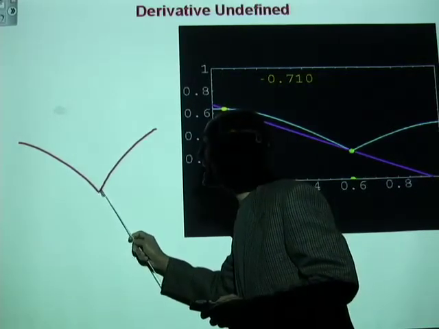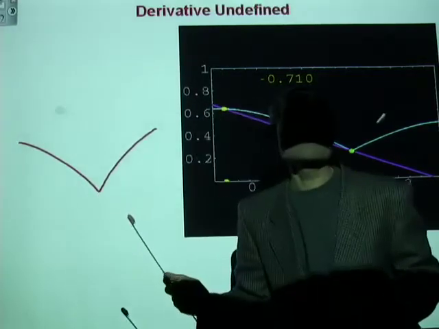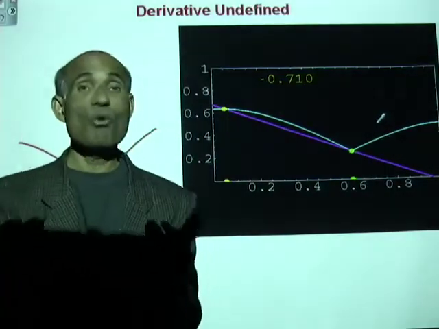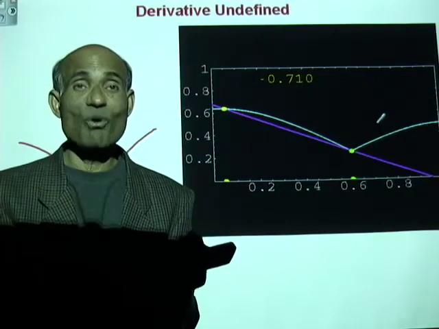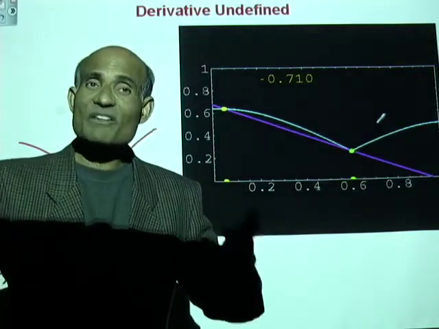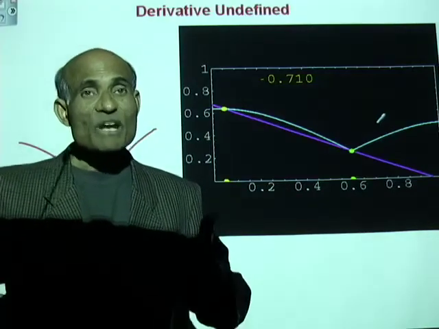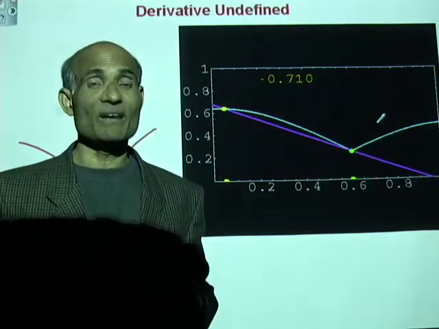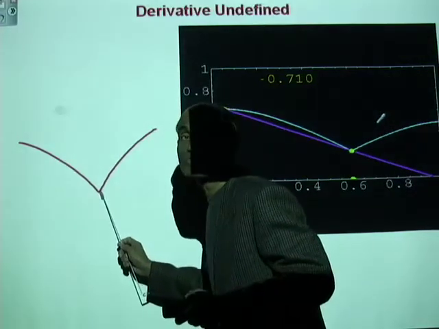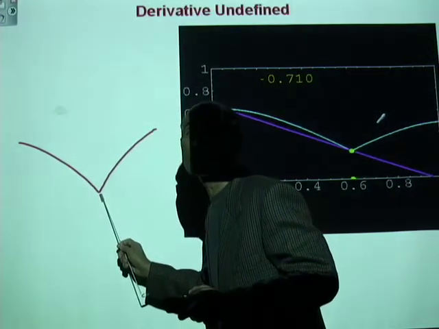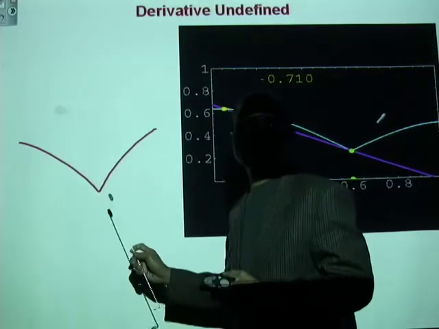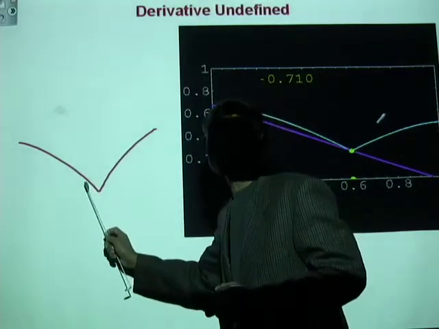That means there can be more than one tangent line at one point. Now, if you have more than one tangent line at a point, can you talk about the rate of change at that point? Does the rate of change have a fixed value there? No. Therefore, we say if the graph of a function has such a sharp turn, then the derivative at that point is undefined.